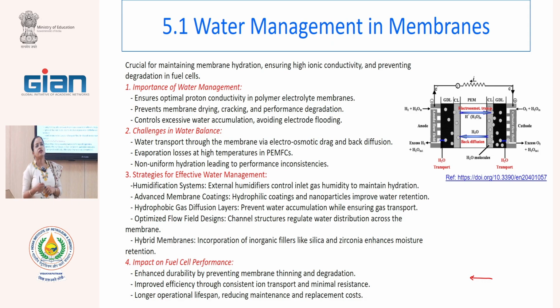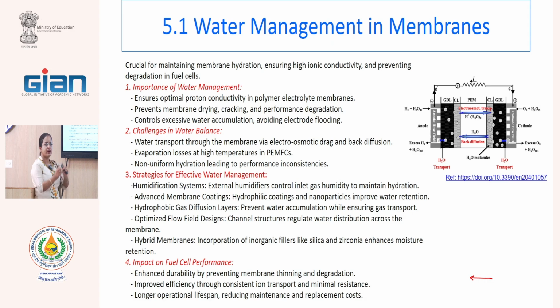So, that is practically one of the challenges that we need to stop, and another one is evaporation loss. Whenever we are working at 60 or 80 degrees centigrade, some of the water gets evaporated and leads to non-uniformity.